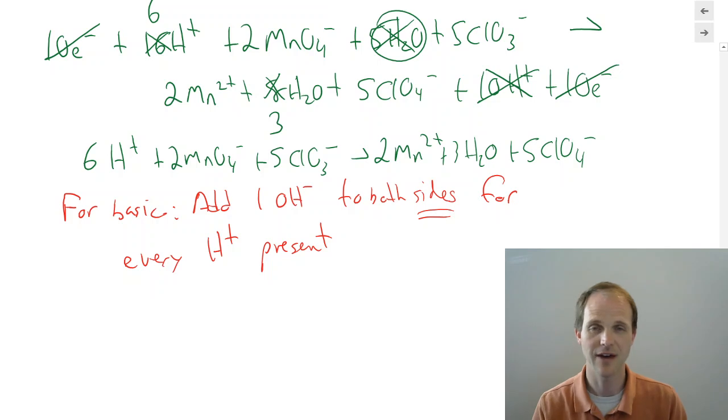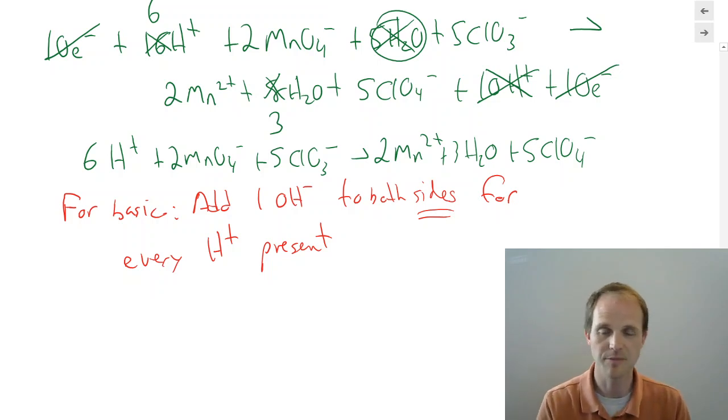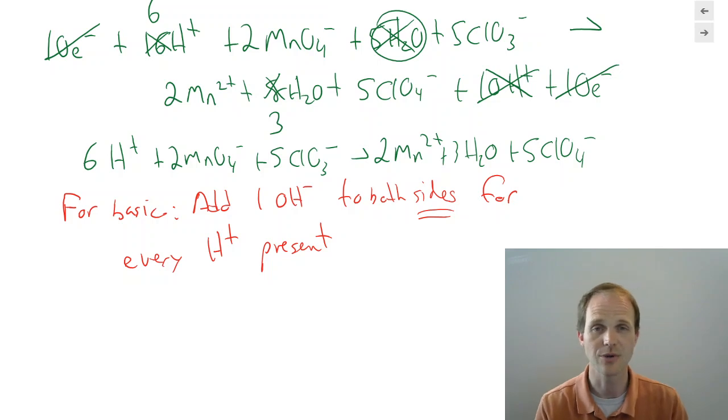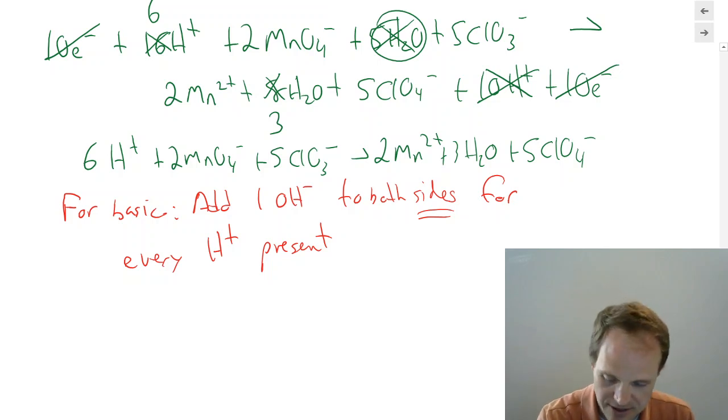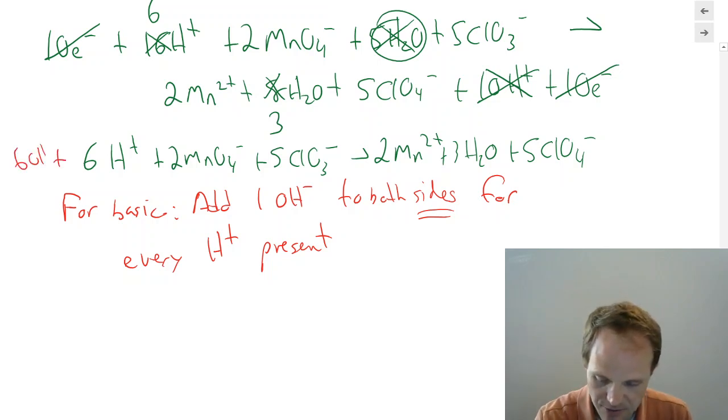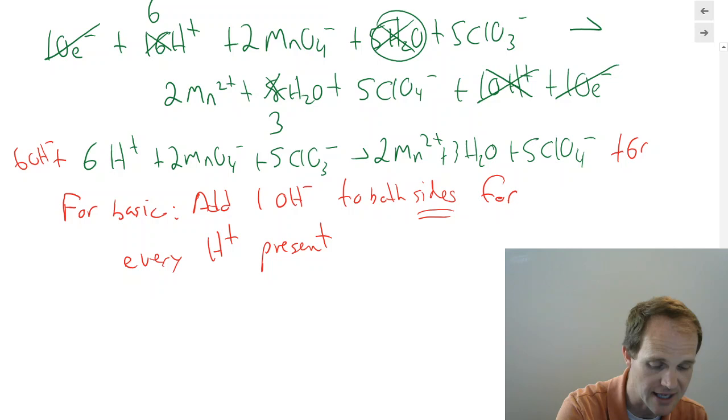Just like in math, if I have an equation where A is equal to B, and I add 3 to both sides, I get A plus 3 equals B plus 3. That's true. Same here. I'm going to keep the chemistry, but I'm going to add something to both sides to make it look different, and it's still going to be true. Okay, so I'm going to add 1 OH to both sides for every H plus present. I've got 6 H pluses present, so I'm going to add 6 OH minuses to both sides.